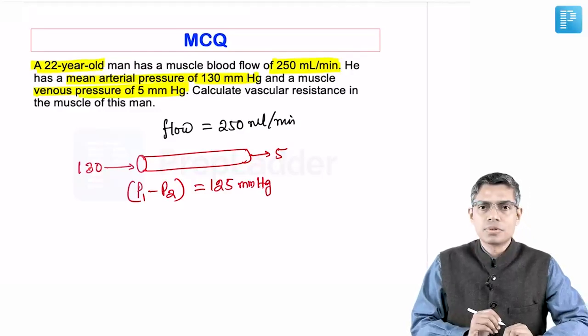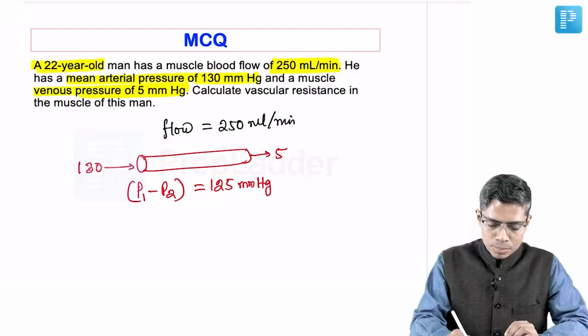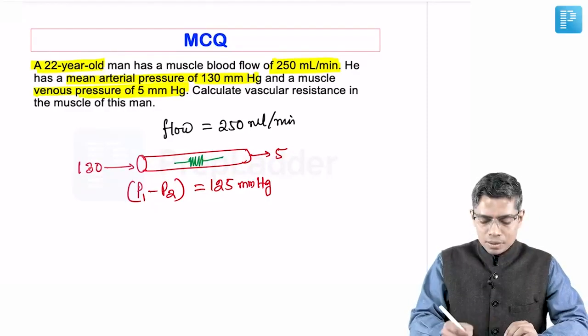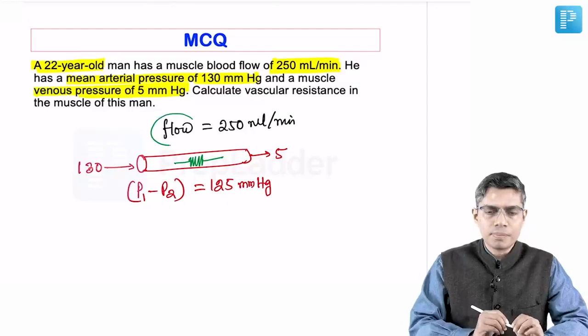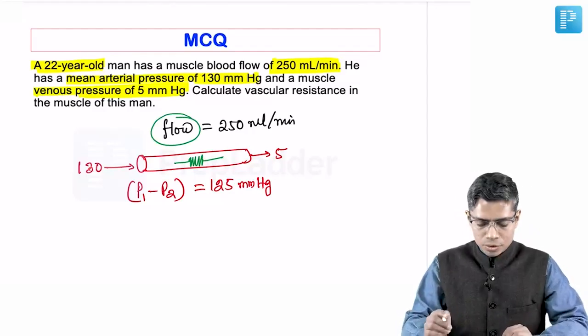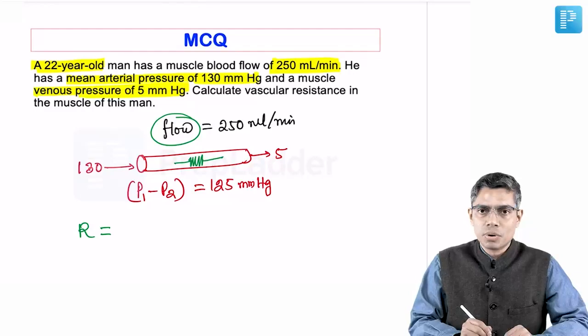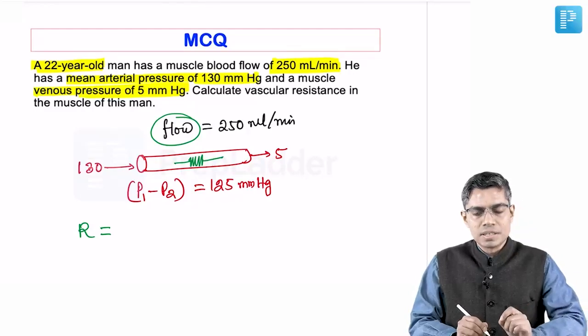So this is the pressure which is pushing the blood through these vessels, right? And we also know the flow during the passage of this blood. So the obvious thing is how to calculate this resistance based on Ohm's law. So V is equal to IR.